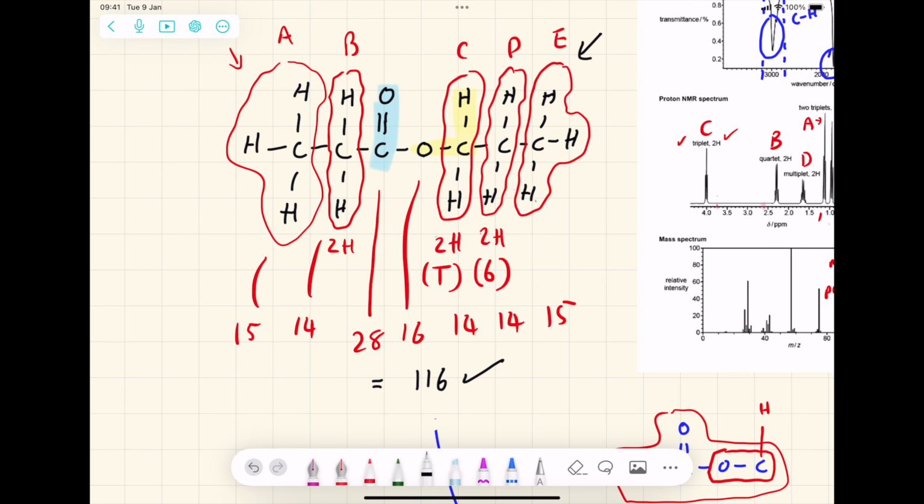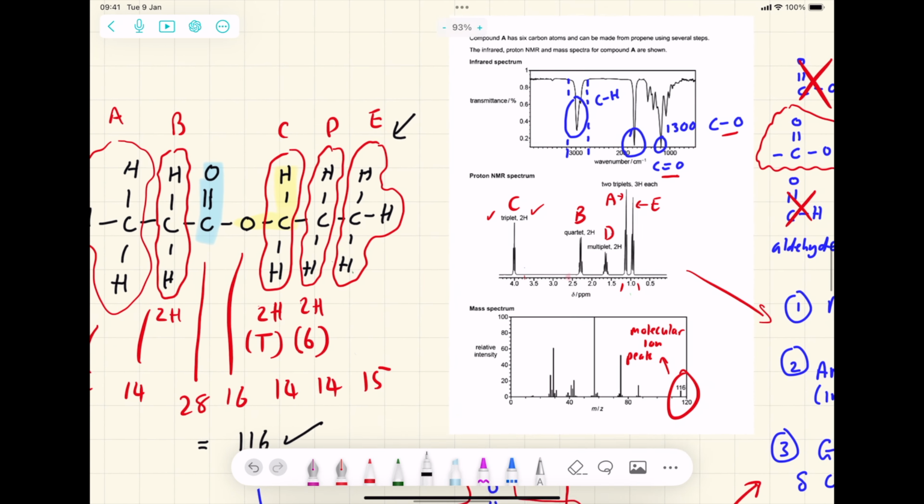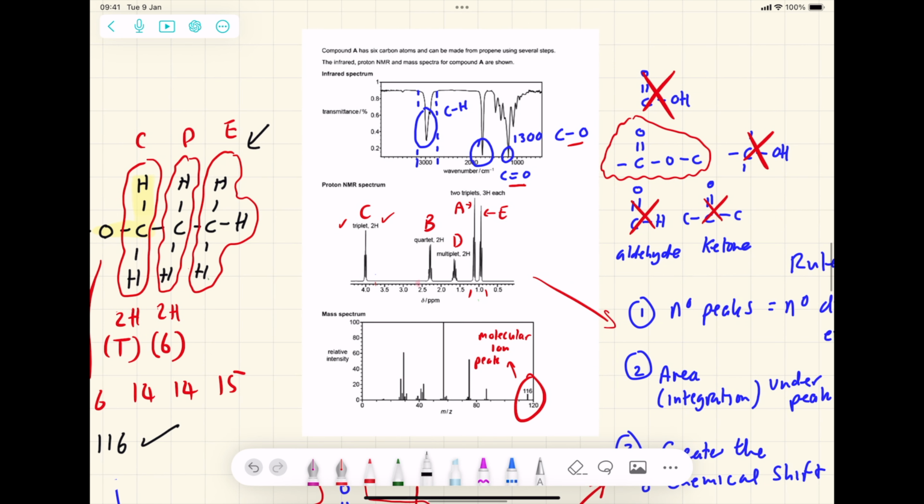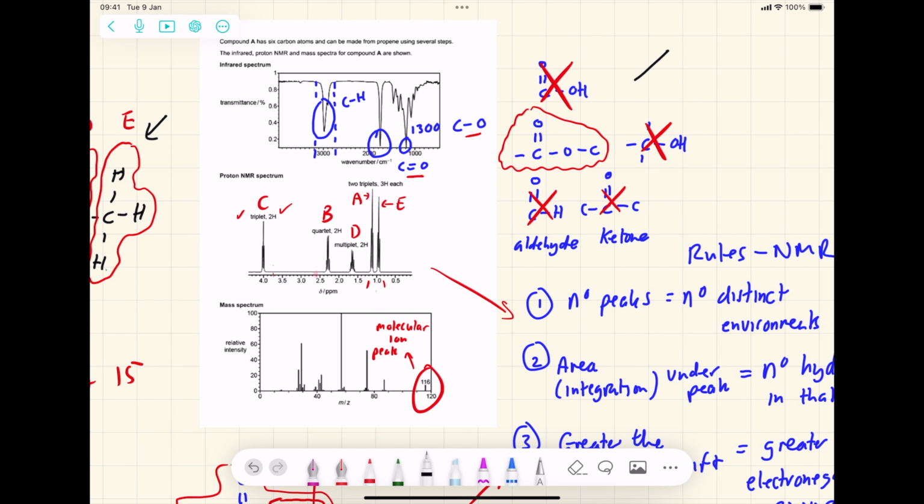So to summarize, what have I done today? You look at the 3 clues that are usually given to you, which are infrared, mass spec, and NMR. You treat each of those clues like pieces of a jigsaw. You pick off the functional groups that are present from the infrared, and by a process of elimination, which is this method here, you work out what functional group or functional groups may be present.